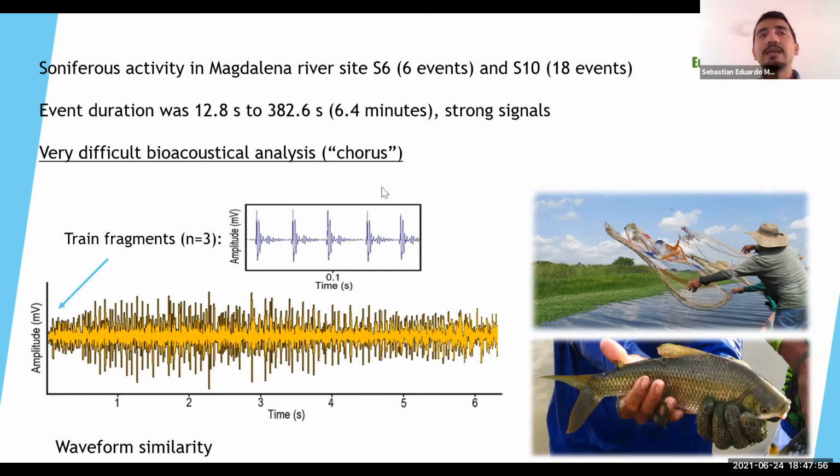So at the end, we decide we only could analyze the start and final fragments of these events because they have a clear signaling. So this was one of the most important limitations for us in analyzing and validating the PAM in the field.